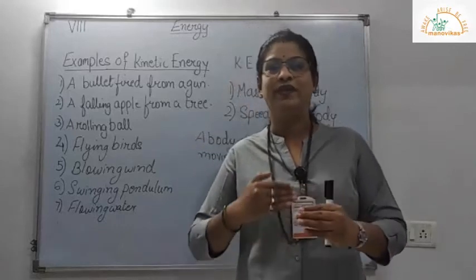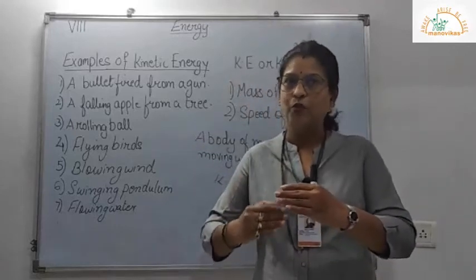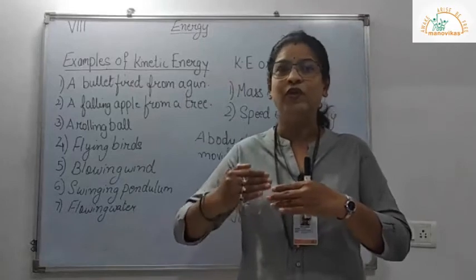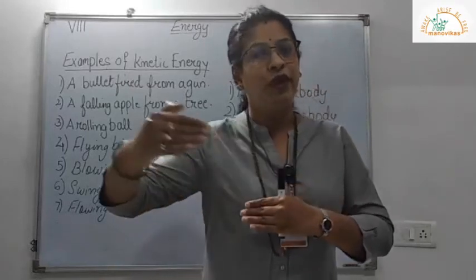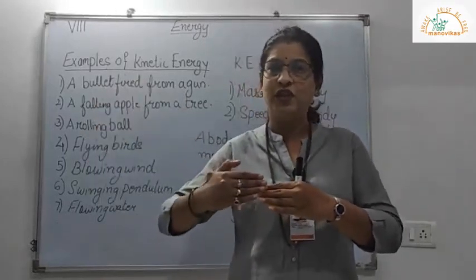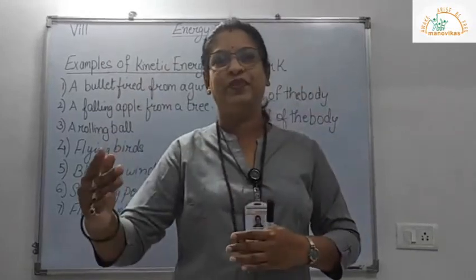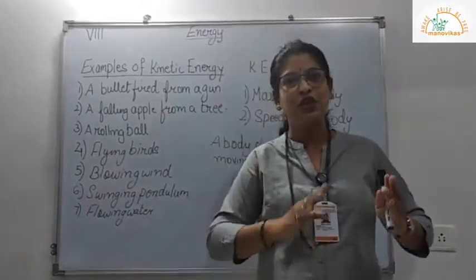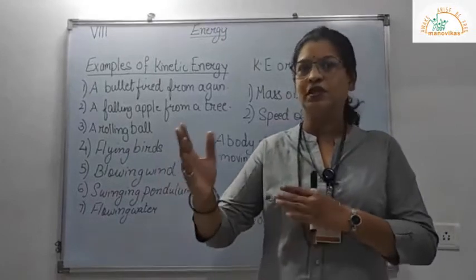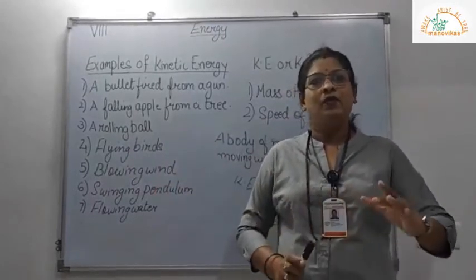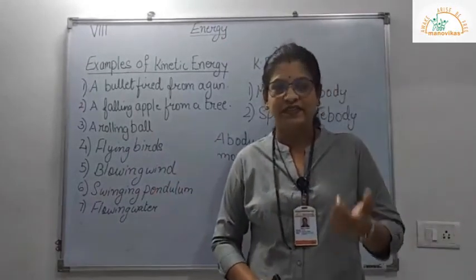So more the kinetic energy, the coin which it strikes will move with more distance. It will cover more distance, right? So more the kinetic energy, more is the distance covered. Now next example we see.